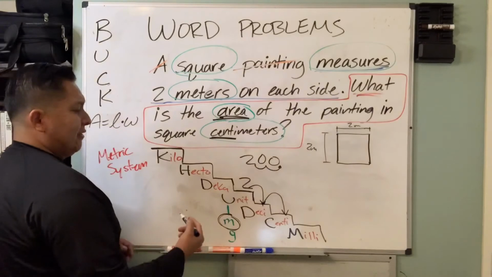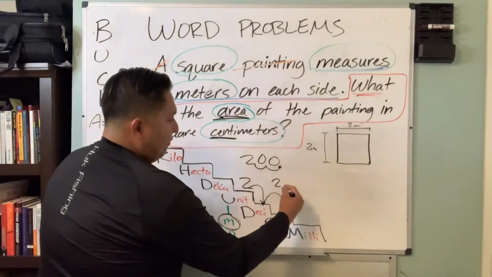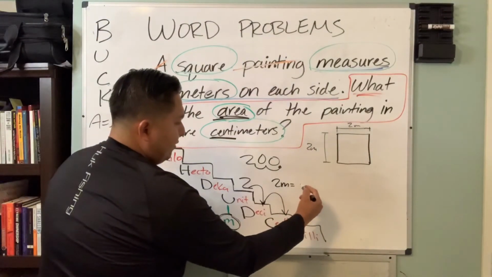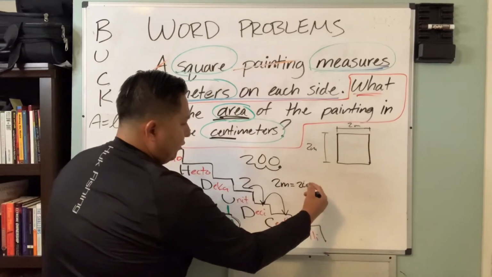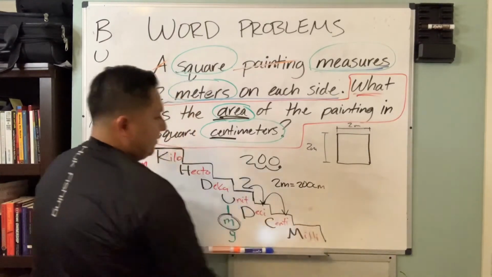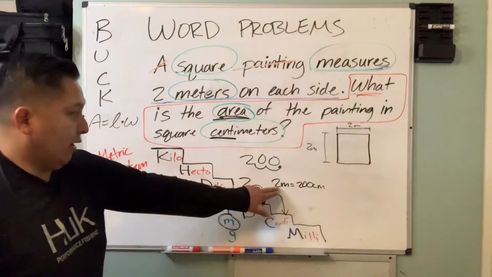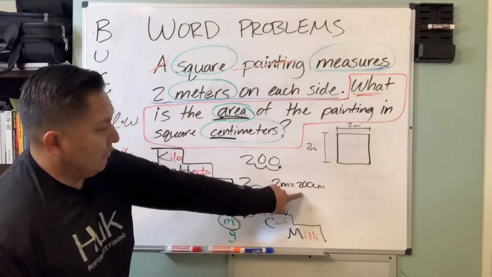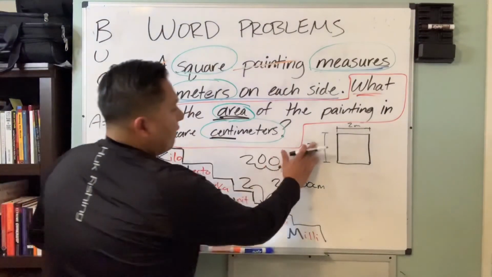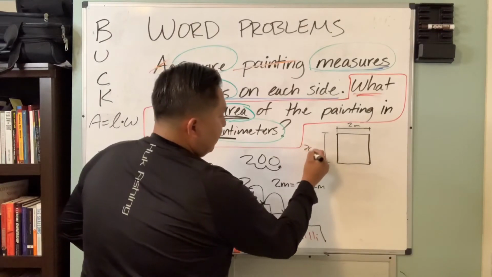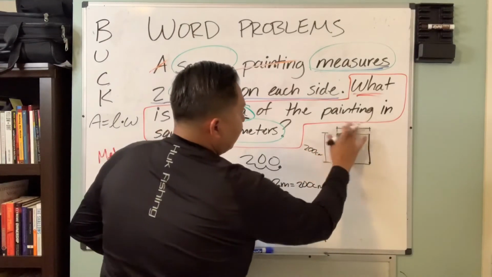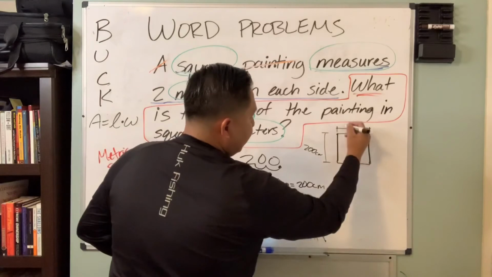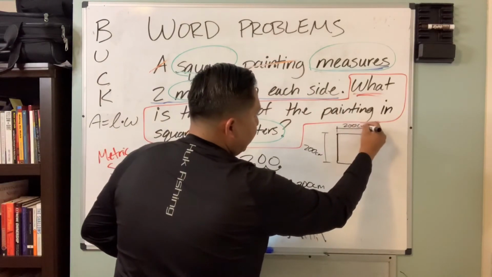So we will also say that 2 meters is equivalent to 200 centimeters. So if they're equivalent, then the height is 200 centimeters. The width is 200 centimeters.